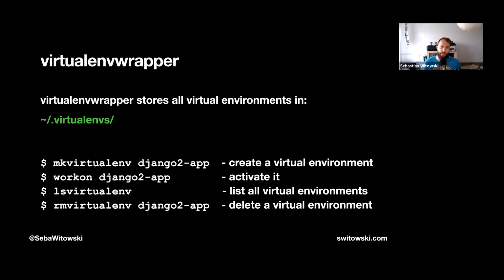With venv, it's impossible to get the list of all your virtual environments because venv doesn't keep track. Virtualenvwrapper stores everything in one folder, so you can easily get that list. And to remove a virtual environment, you can just run rmvirtualenv and the name of the environment. For example, rmvirtualenv django2app.